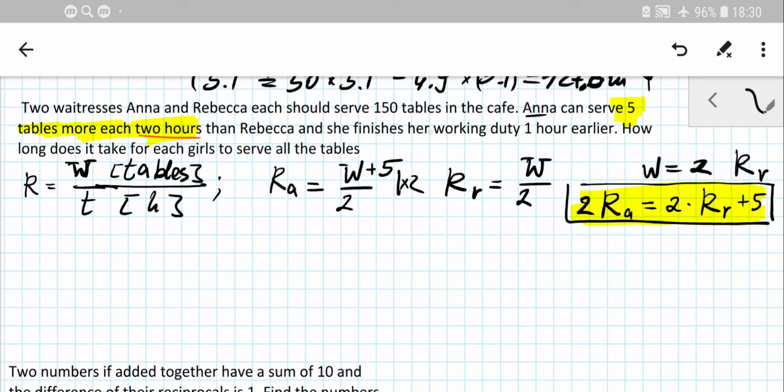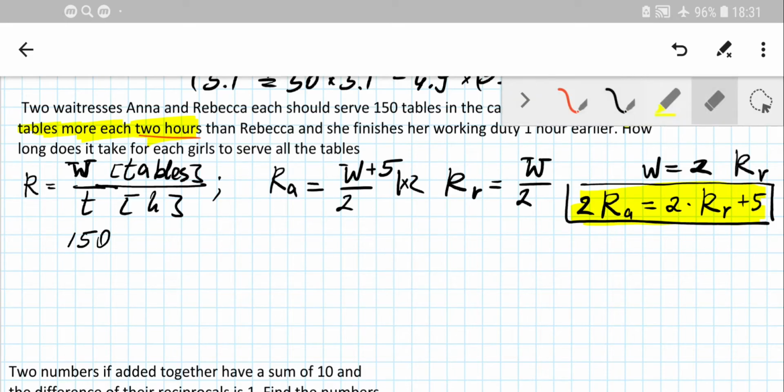It means Anna finished her work duty 1 hour early. Because each person needs to serve 150 tables, we can set up the equation for 150 tables. Can we? Yeah, we can. So I say that we have Rebecca.